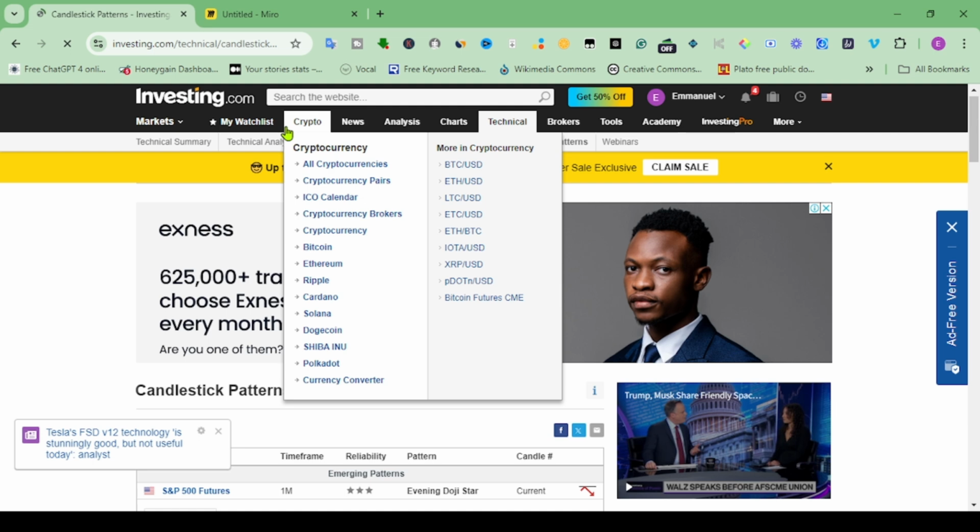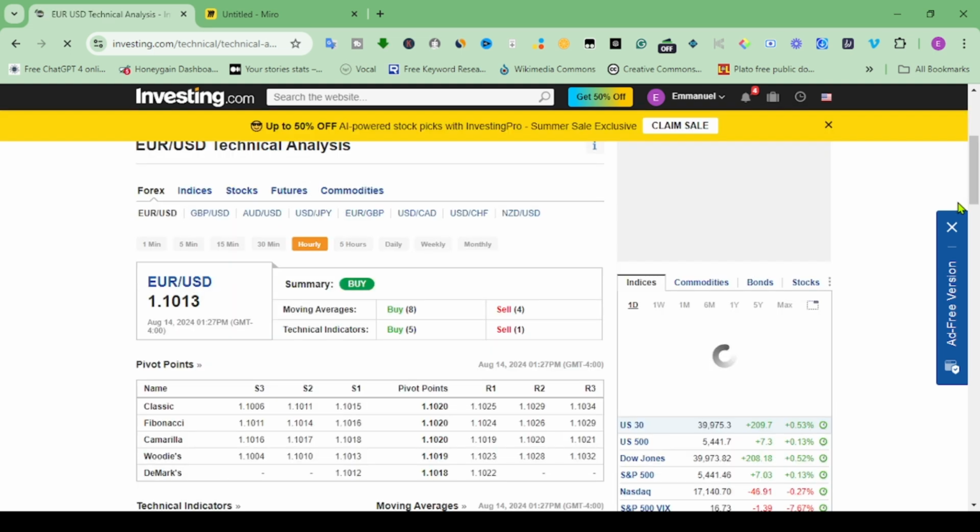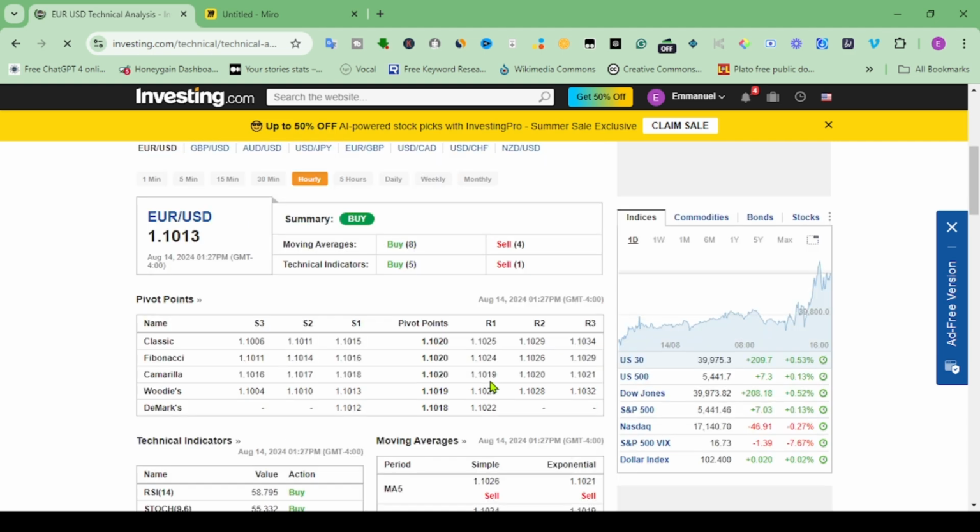Okay, you see the same. There are other figures for you to check, for you to use to analyze the market. So it is good for us to go through all this. You can see it's analyzing each market, each pair. You can see Euro USD here. This is where they broke it down.